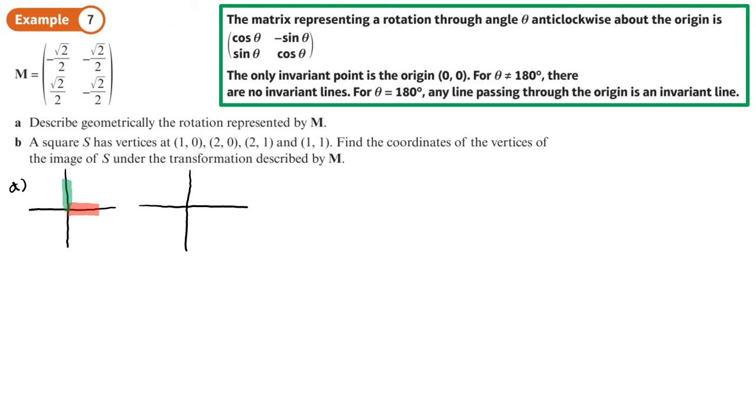But what I do notice is that if I put these numbers on, it's root 2 over 2 at the top, negative root 2 over 2 for that one, and this will be root 2 over 2, down here would be negative root 2 over 2, and this point here will be root 2 over 2. So we can see they're going up at like 45 degrees.